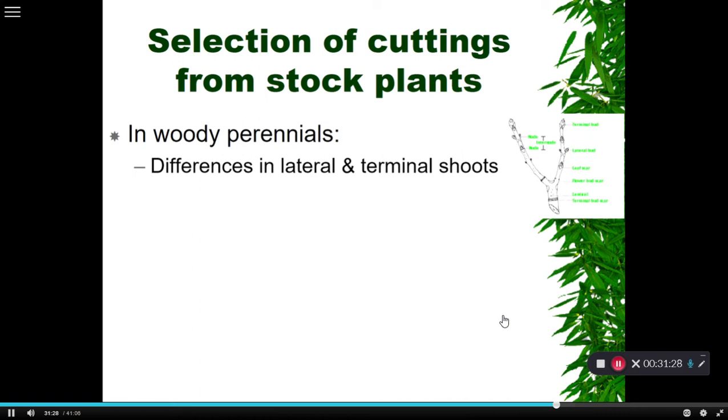So generally speaking, it goes somewhat like this. If I'm taking a softwood cutting in the springtime, generally the terminal shoots root better. If I'm taking a semi-hardwood cutting later in the spring or the summer, generally it's the lateral shoots that exhibit greater rooting.